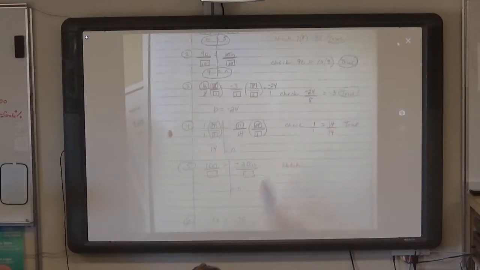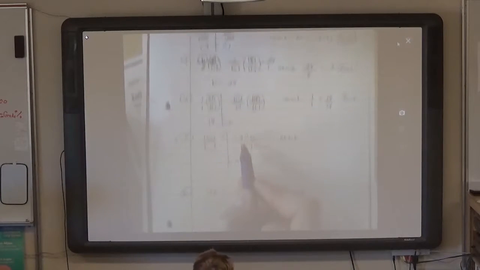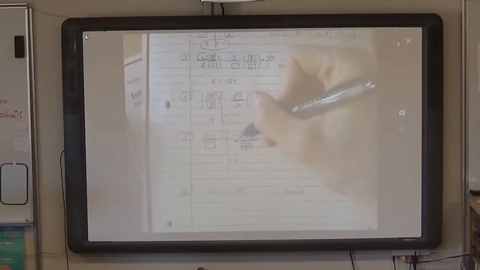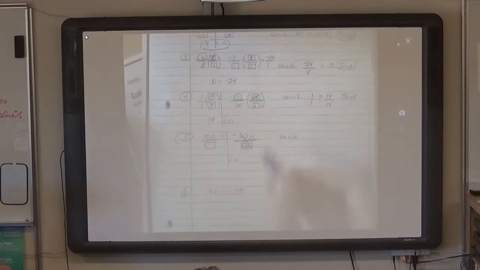Number 5. Start on the side with a variable. The coefficient is negative 20. So to solve it, divide by negative 20. Cross out the reciprocals, and you're left with 1n.